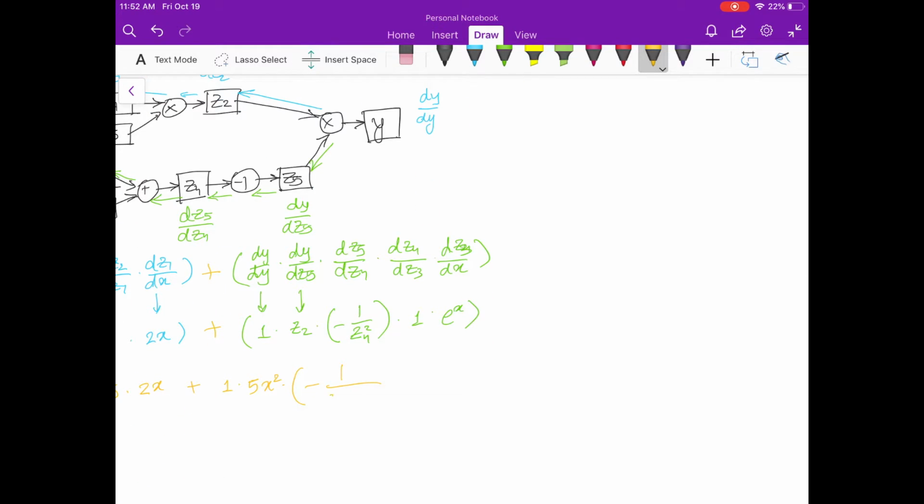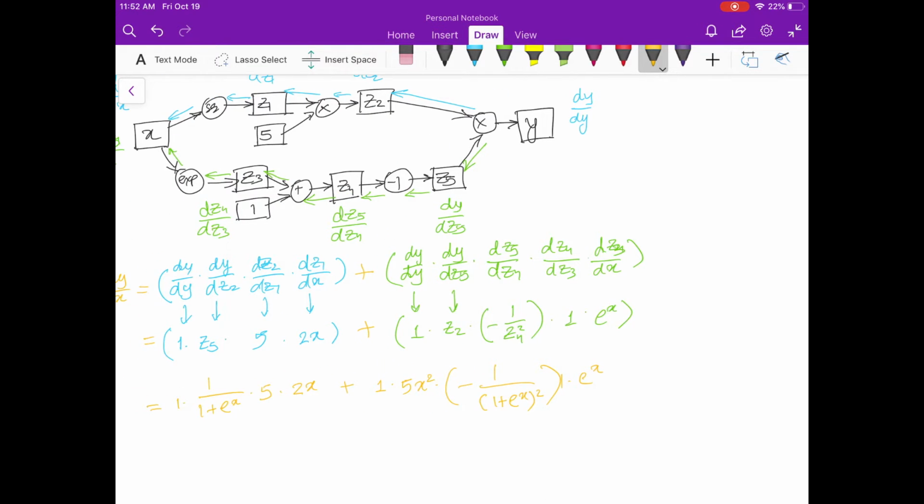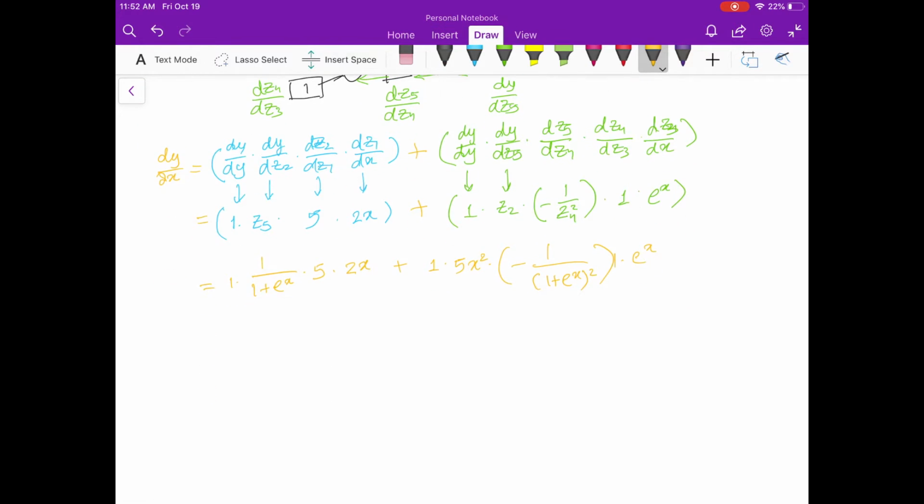So then this is 1 plus e to the power x, squared, times 1 times e to the power x. Simplifying this further, we get 10x divided by 1 plus e to the power x minus 5x squared times e to the power x divided by 1 plus e to the power x squared.